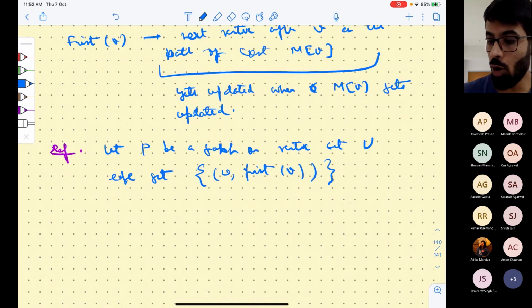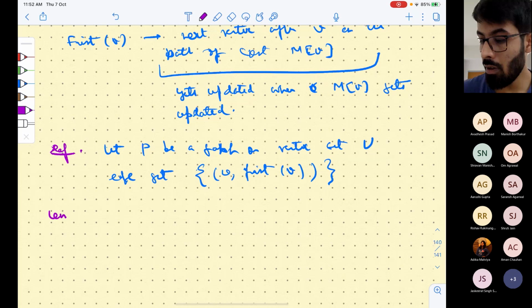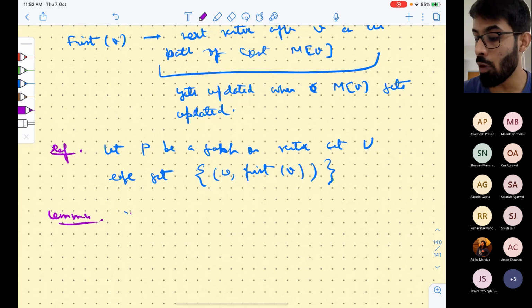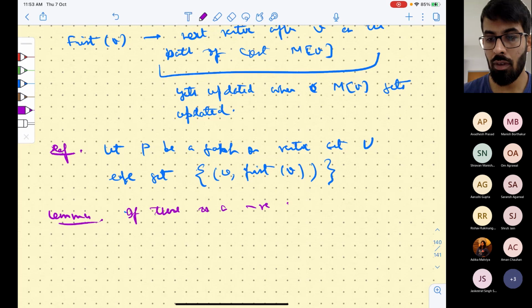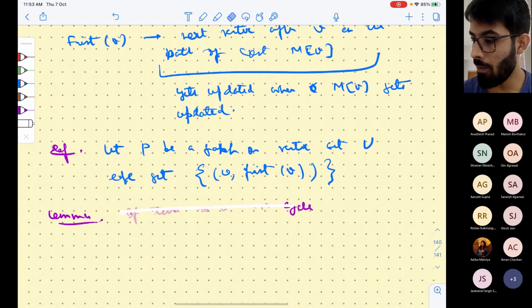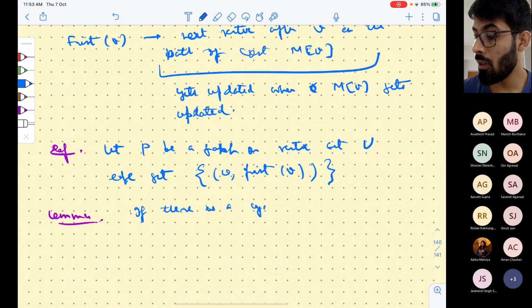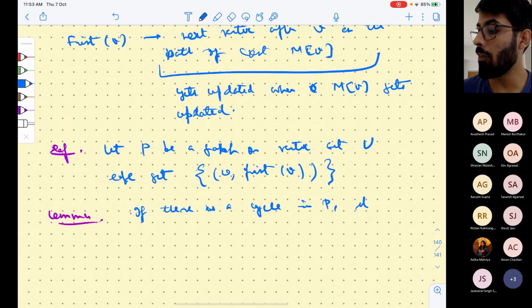And what you can show first will be a lemma which will show that if there is a negative cycle, because we wanted to find negative cycles also, or let's say the other way around, if there is a cycle C in P, it must have negative cost.